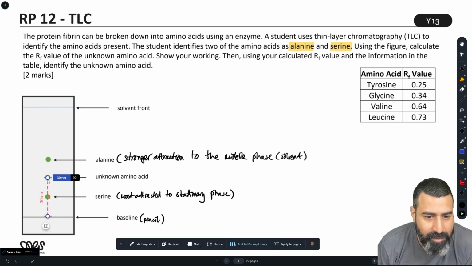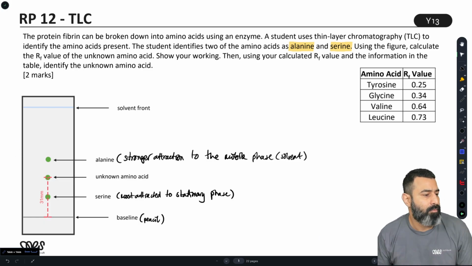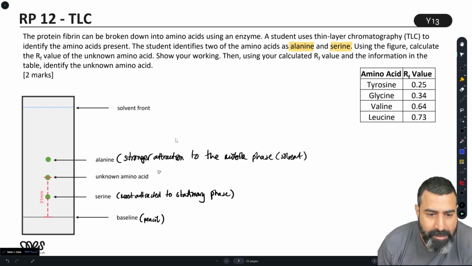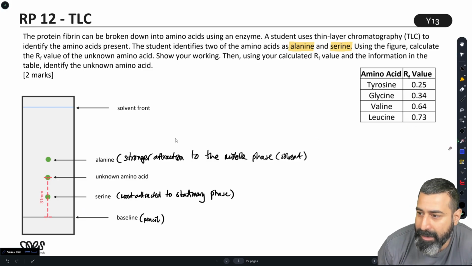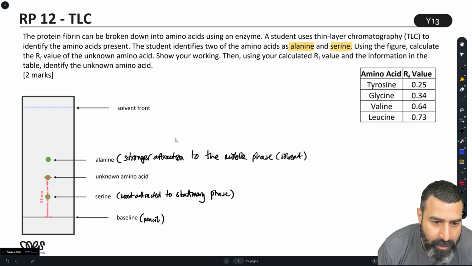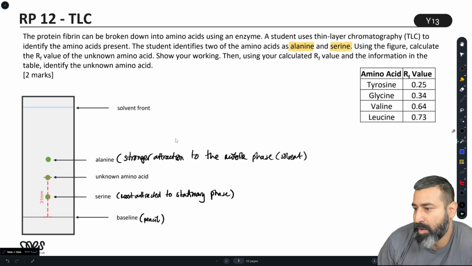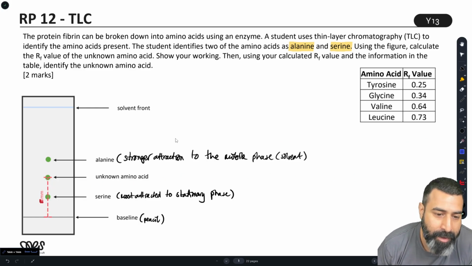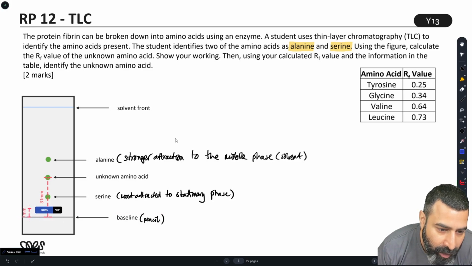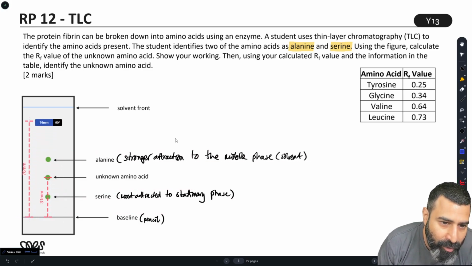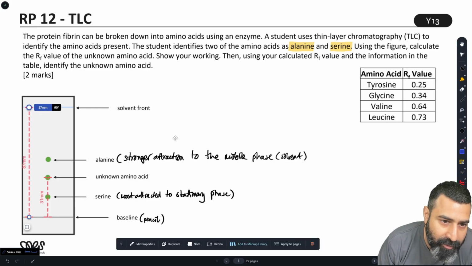That will do. So we've got the distance that the unknown amino acid has traveled from the baseline to its final location, and that's 31 millimeters. Then we're going to take our ruler and draw a line from the baseline all the way up to the solvent front.